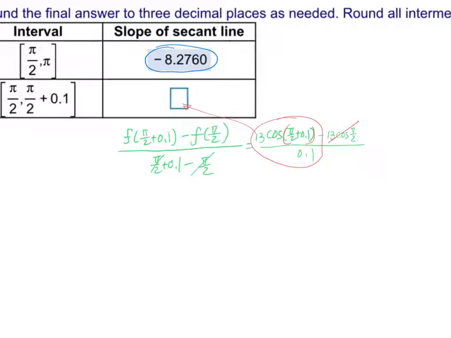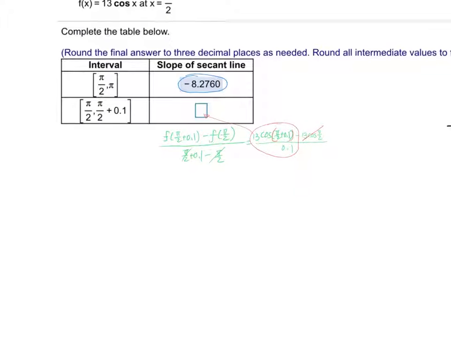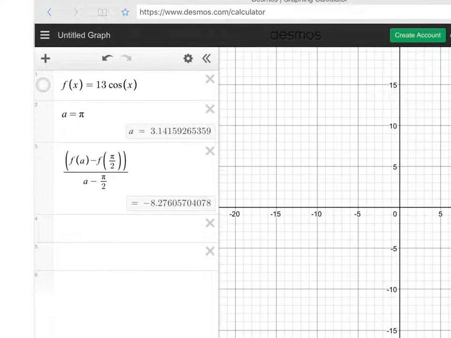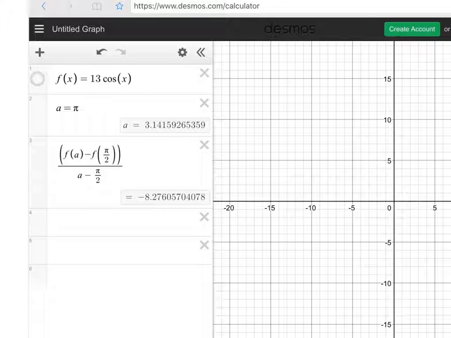And of course, you should be able to take advantage of decimals. So this is my decimals just for convenience purposes. I already typed in my function f of x, which is 13 cosine x. And this is what we are actually trying to compute, right?